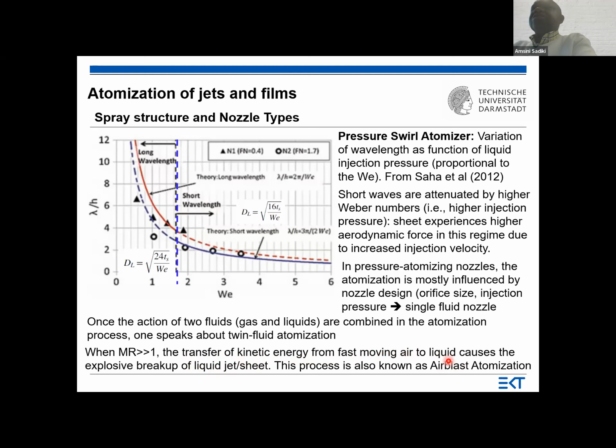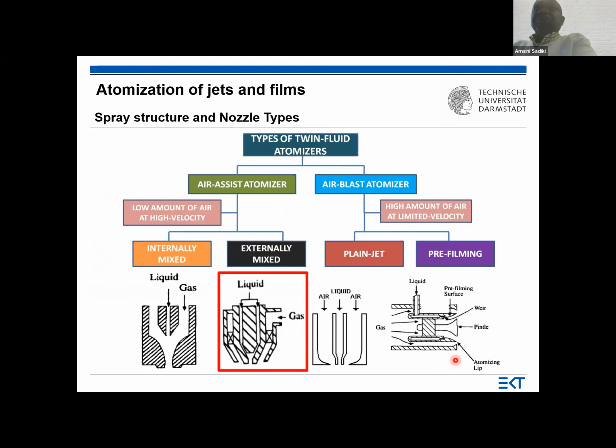This is called air blast atomization, which we introduced before. Here I sum up all these things. If we deal with the twin fluid atomizer, it is also in the table I gave you yesterday. We have these two options, air assist atomizer or air blast atomizer.